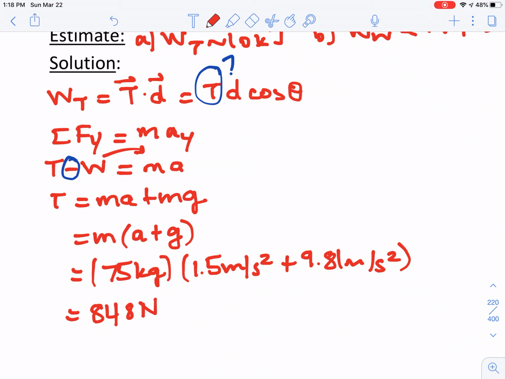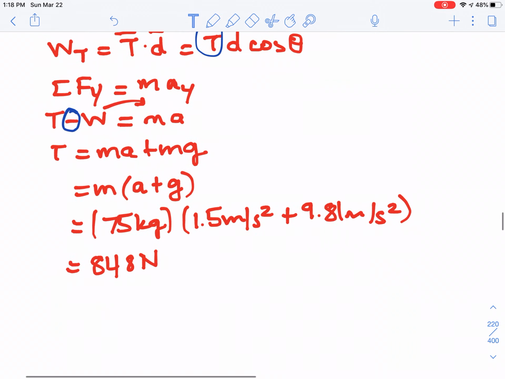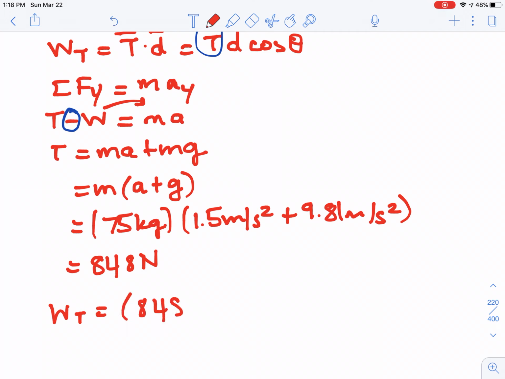Once I get that tension force, now I know what to plug in for tension, and I'm going to go back to the work definition. Work done by tension is TD cosine theta. T is 848 newtons, D is 10 meters, and theta is simply 0, so cosine becomes positive 1.